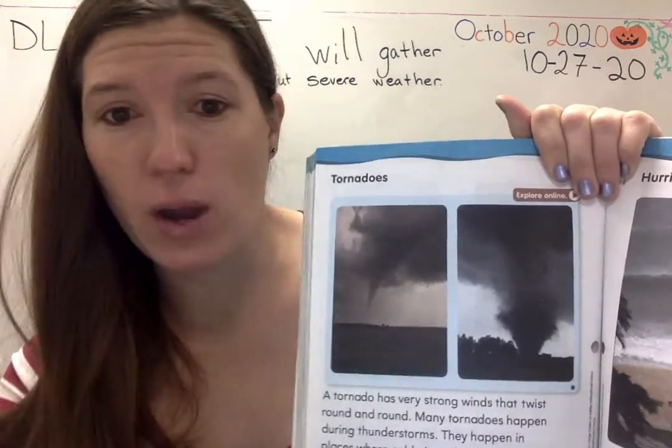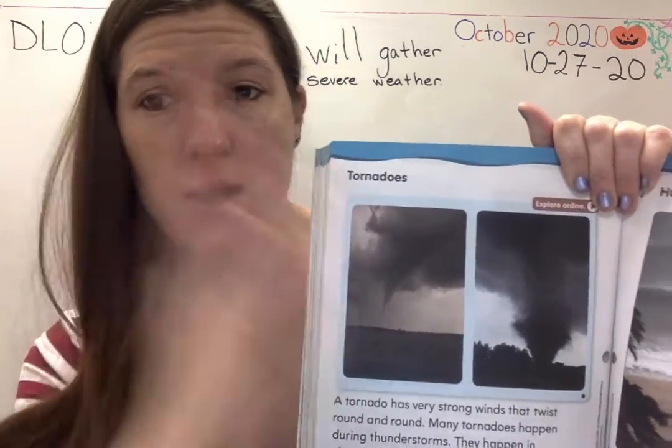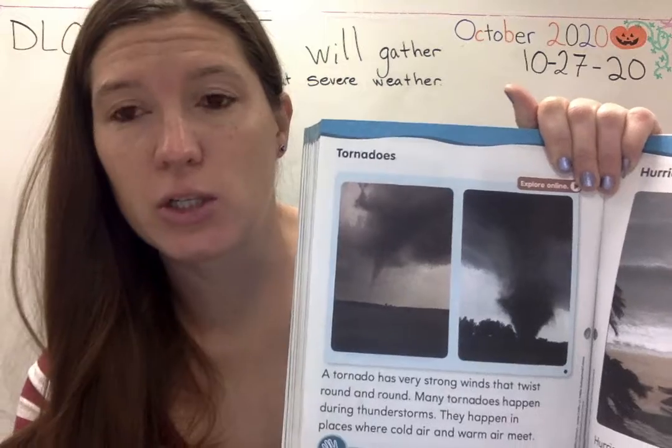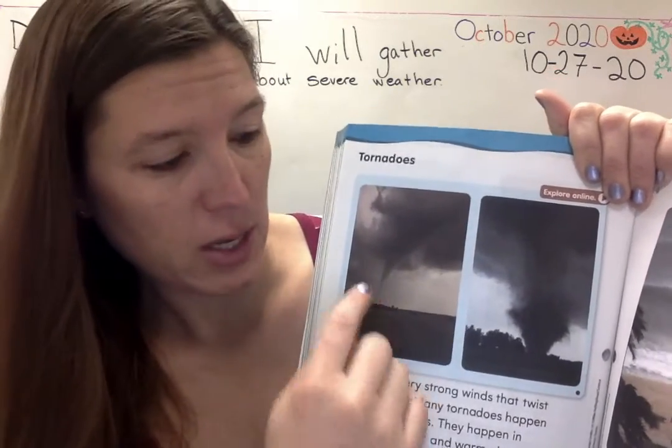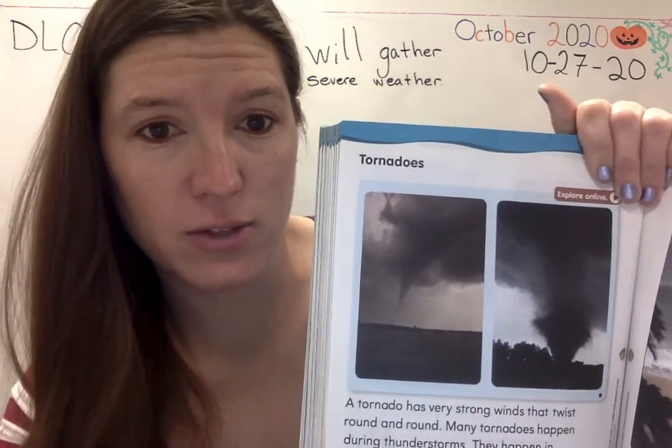Trees can actually come up out of the ground. They can uproot. They just fall right over. So if their branches aren't breaking off, they can just fall over. And sometimes the branches hit the power lines, and then it causes the power to cut out, and then we don't have power. So we know that strong winds can cause a lot of damage, but tornadoes are very, very, very strong winds, and they twist around and cause a lot of damage.